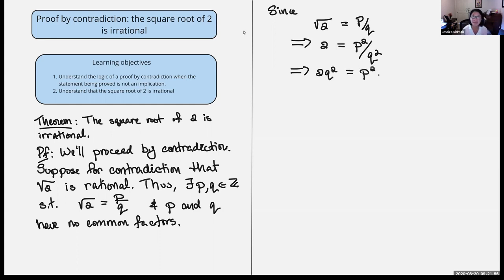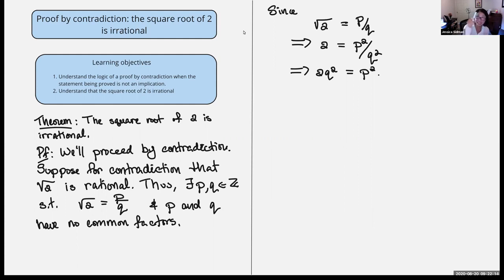Now, what did we show in class? We have this result from class that says that if a square is even, like if x squared is even, then x must have been even, and we can use that here.